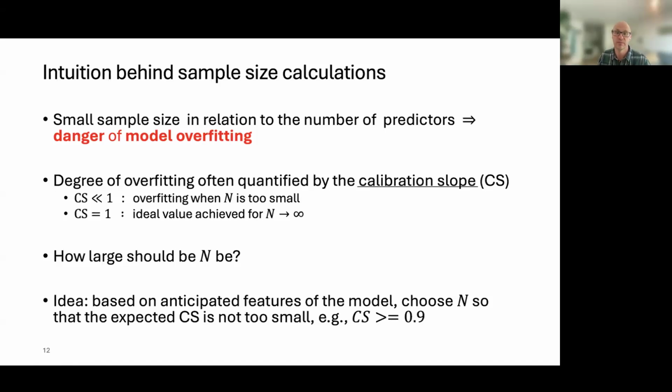The idea behind sample size calculations is that we should aim to collect enough data such that this calibration slope doesn't go too small. A threshold that has been proposed is 0.9. So I will not need an infinite sample size, but still I will have enough so that my overfitting is not dangerously high.